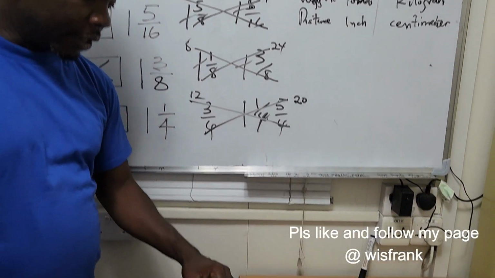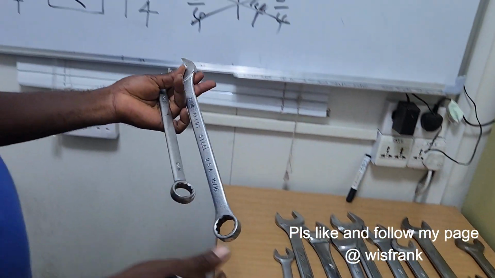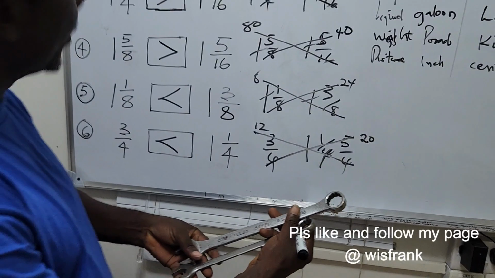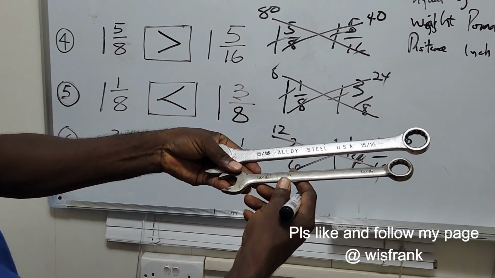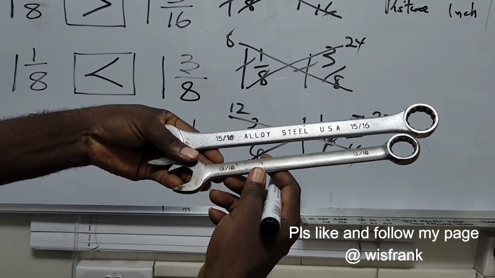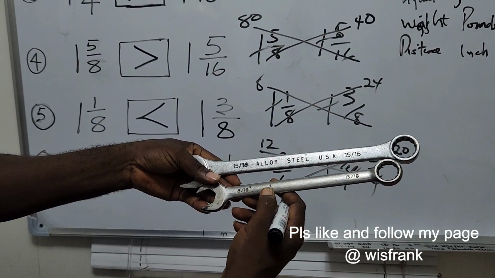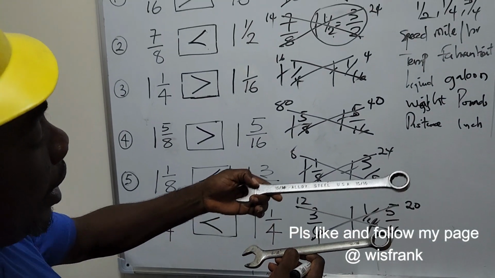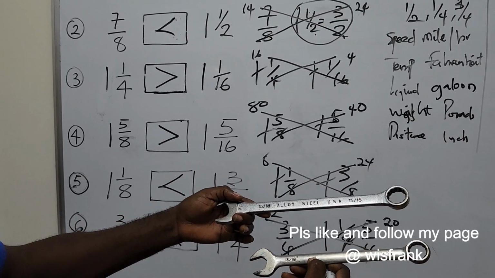We have a different set of spanners here with the same values that we have on the board, like 15/16 and 13/16. You can see that with these two spanners, we've been able to identify that 15/16 is greater than 13/16, and we can see it physically.